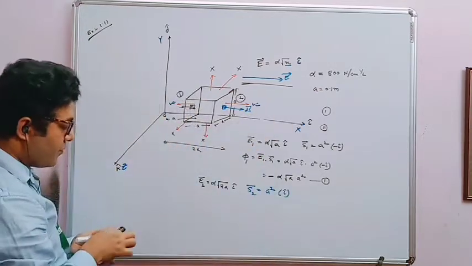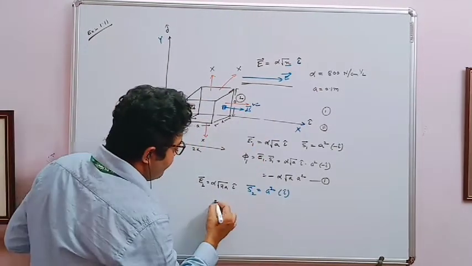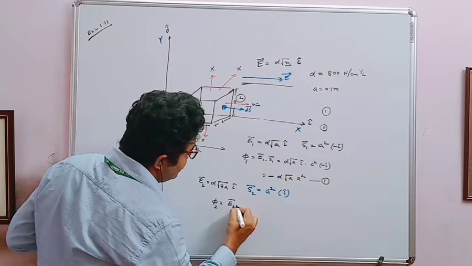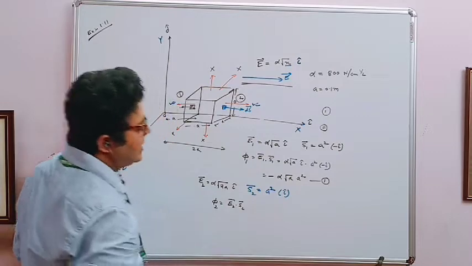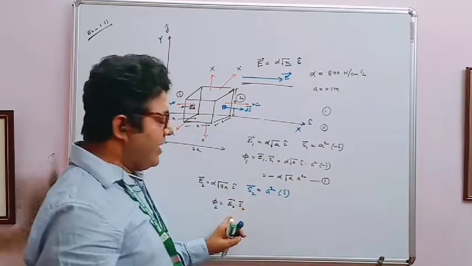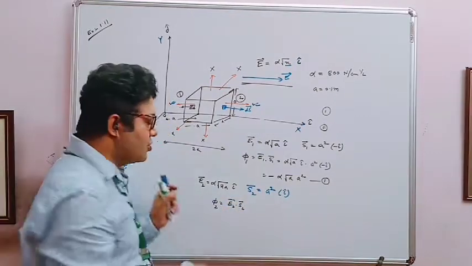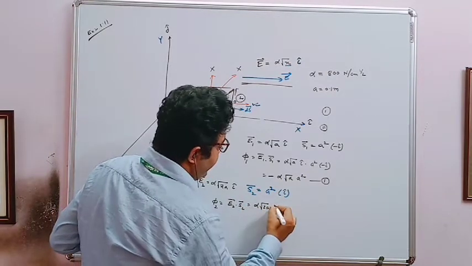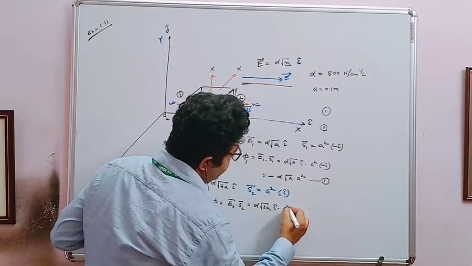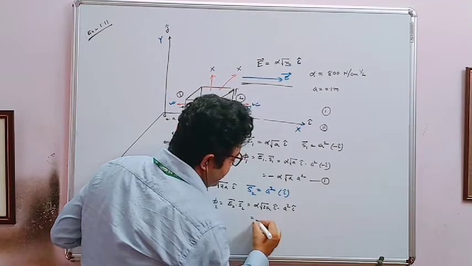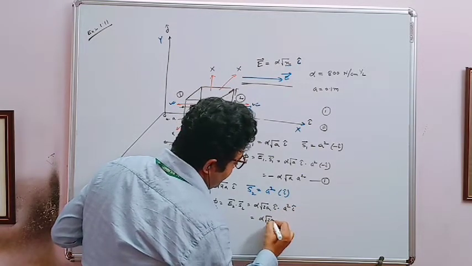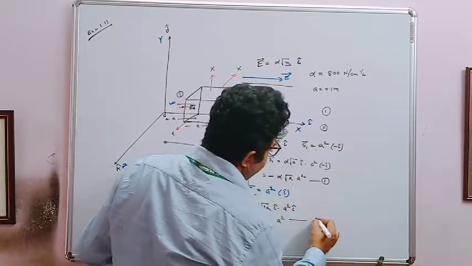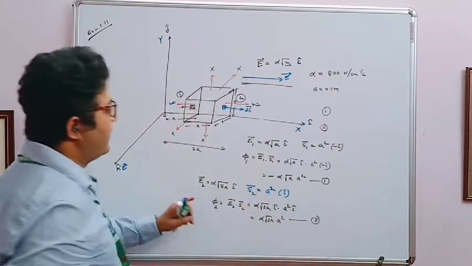Now flux phi 2 is E2 dot S2. As we consider the whole area, we are not using integration. So that equals alpha root 2a i dot a squared i, and i dot i is 1. So you have these two fluxes, flux 1 and flux 2.